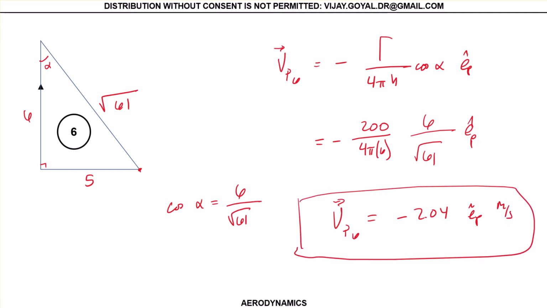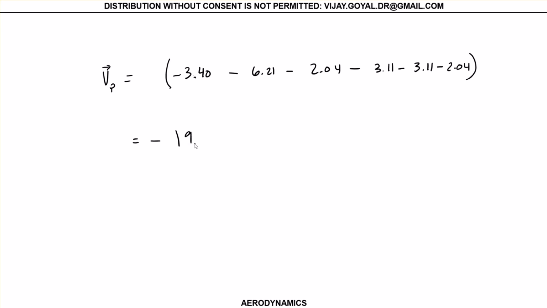So at the end of the day, now we add all the contributions together. And to add the contributions, we find that VP is equal to minus 3.40 plus minus 6.21 minus 2.04 minus 3.11 minus 3.11 minus 2.04, and this whole thing gives you minus 1991 EP.